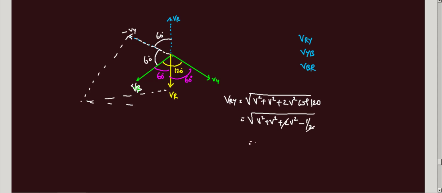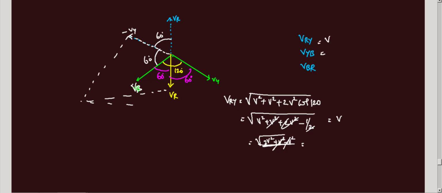You get root of 2V square plus V square minus V square, the V square terms cancel. So VRY equals V.